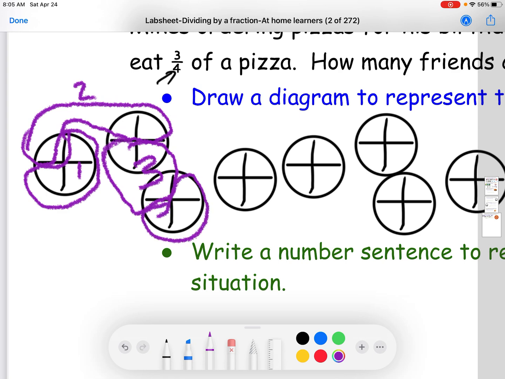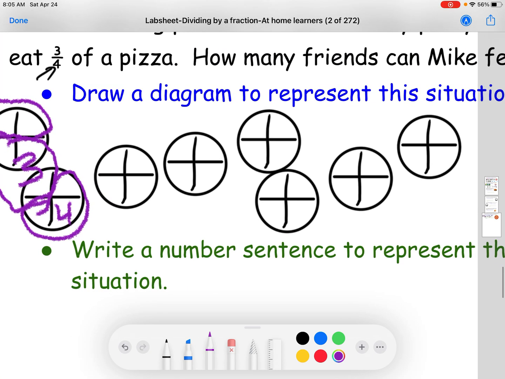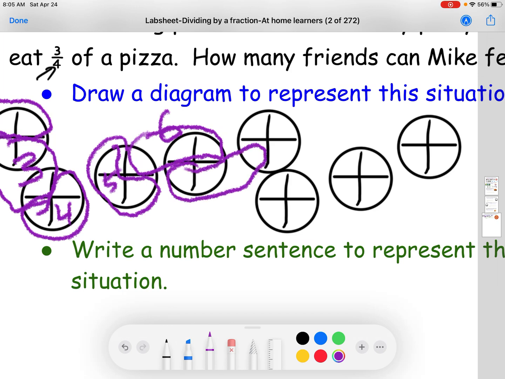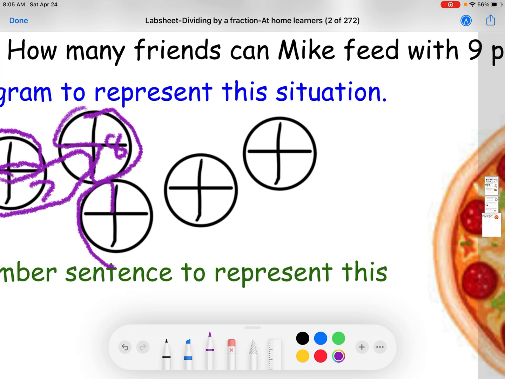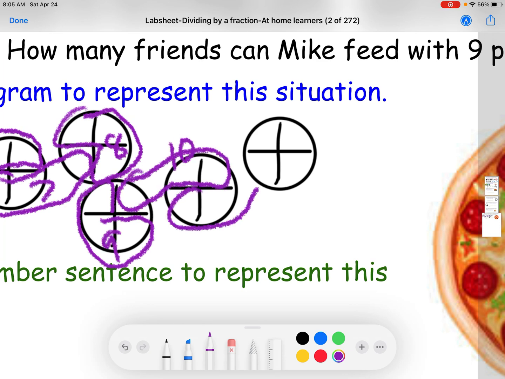There's number 3, 4, 5, 6. That was not a very good job of placing that. 7, 8, 9, 10, 11, and last but not least, 12.